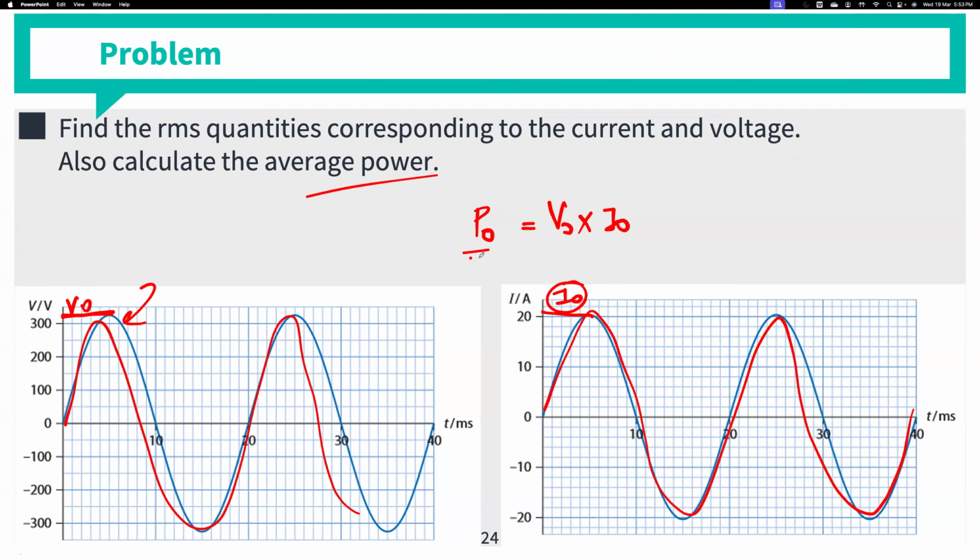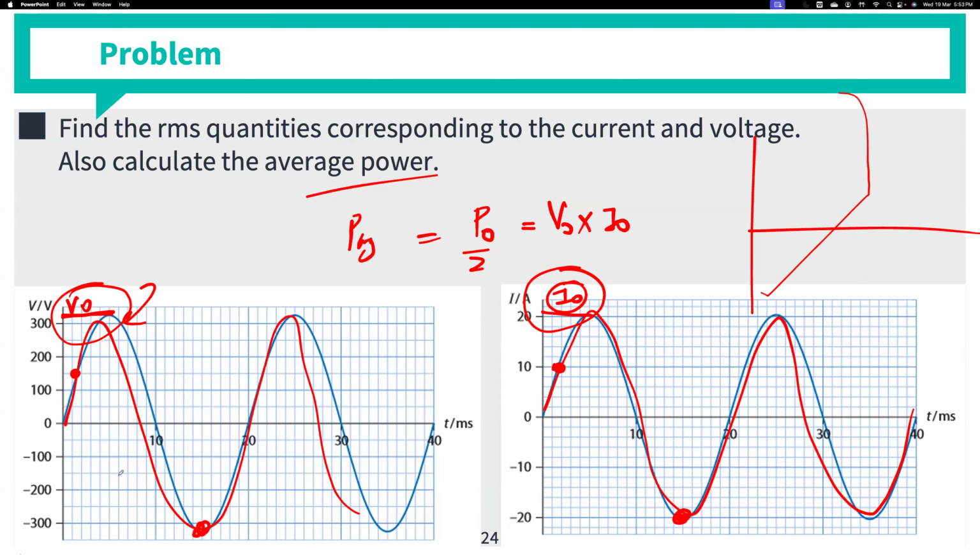And when they're asking you what is the average power, obviously you divide that with two, right? You divide that with two to get the average power. So why do you have to divide with two? Look at the function of the power. How does it look like? Voltage multiplied by current, isn't every negative value multiplied with negative makes it positive, and every positive value multiplied with positive makes it positive. That means there is no negative graph for power.